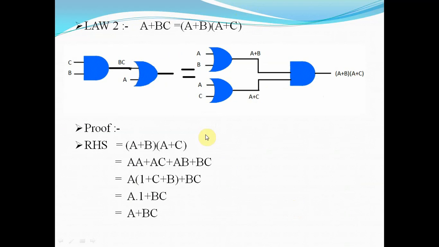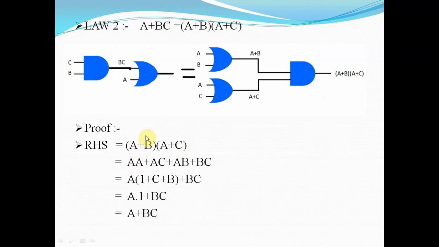Next, the last one: A plus BC is equal to (A plus B) into (A plus C). Let's go with this. First take the RHS, (A plus B) into (A plus C).